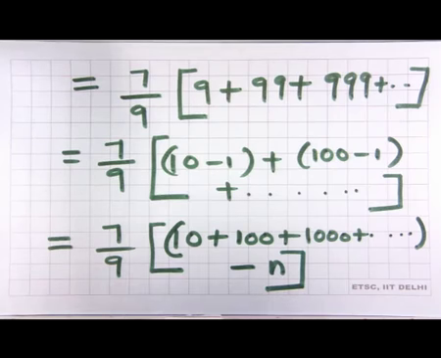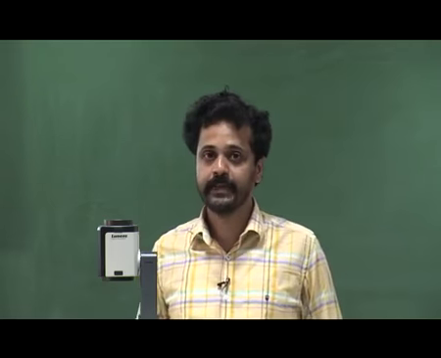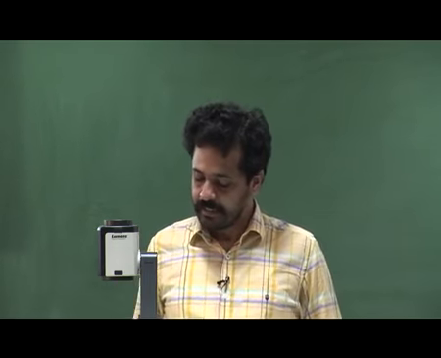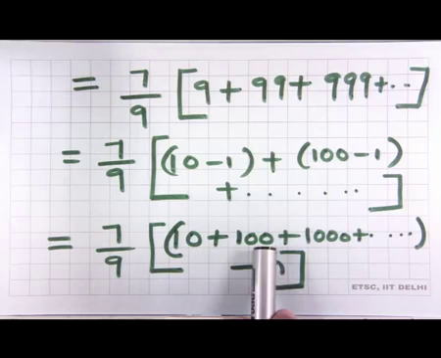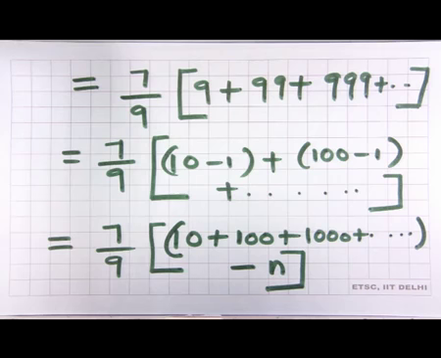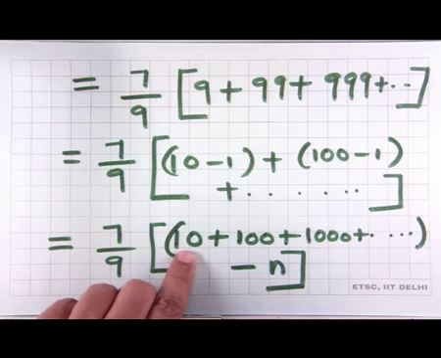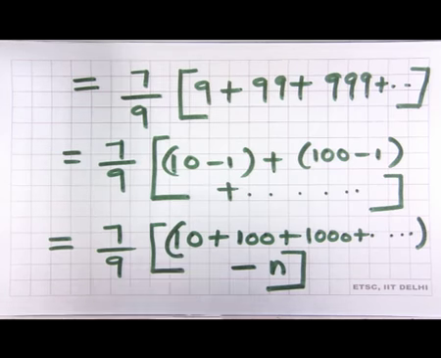Now, you can see that a GP has appeared. 10 plus 100 plus 1000 plus etc. corresponds to a geometric progression with the first term as 10 and the common ratio as 10.